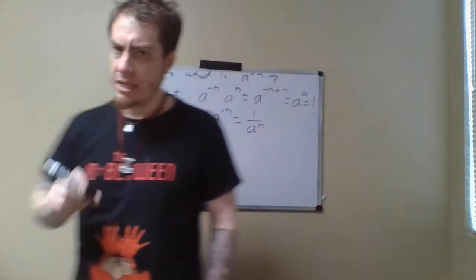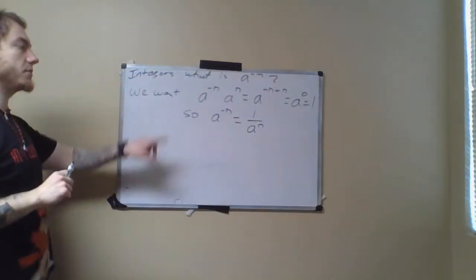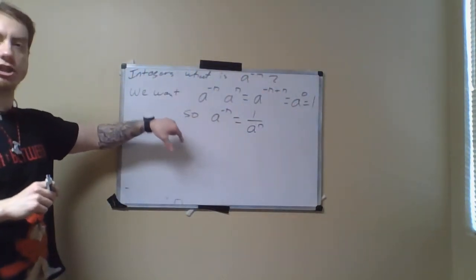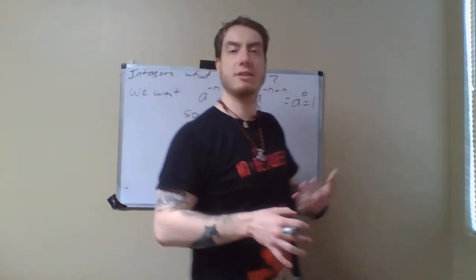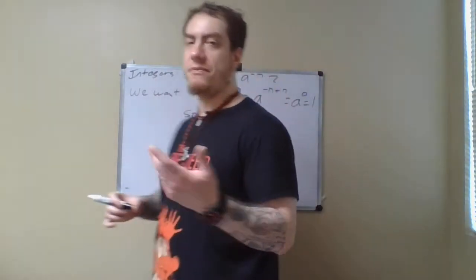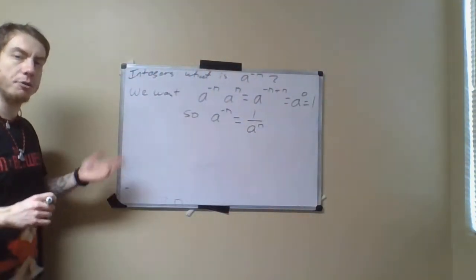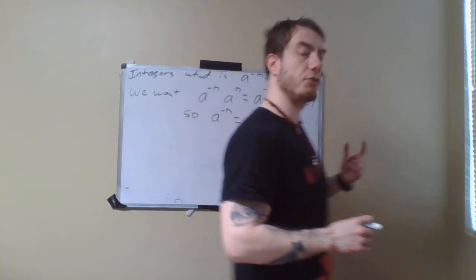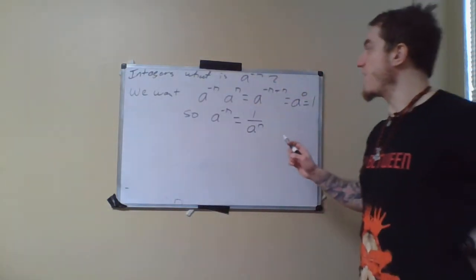Now, you do want to take a moment and carefully verify that these definitions really do work, that they don't create some kind of a contradiction elsewhere. But it turns out that it's not too difficult to verify that all the properties of exponents continue to hold for the integers if we define things this way.